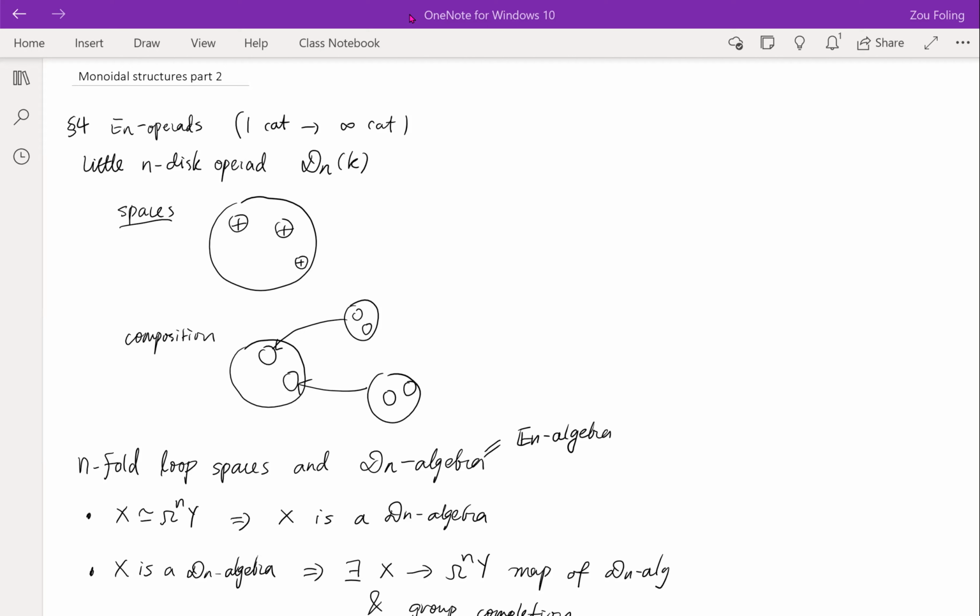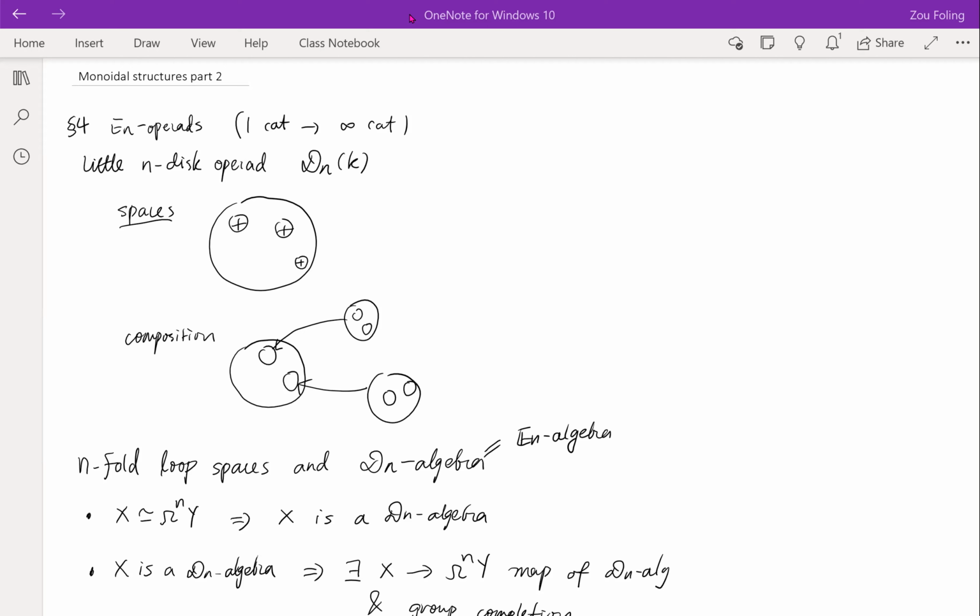So I have k unit disks in R^n, and I'm embedding them into another disk rectilinearly, meaning that each embedding is of the form v sending to av plus b, and their images must be disjoint. So the space of all such embeddings is the space D_n(k).